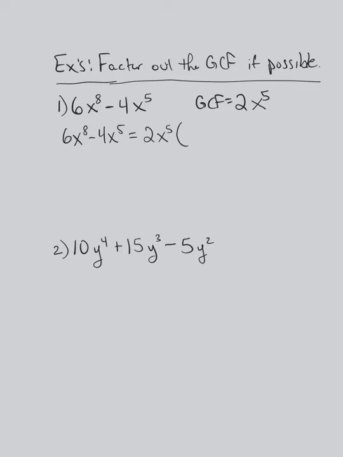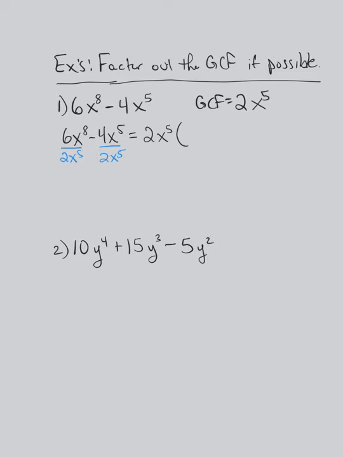The idea of this dividing is to figure out what gets left inside the parentheses. So I just pretend like I have two problems from our last section, and we're going to divide each term by 2x to the fifth. Each one of these will be a monomial divided by a monomial.